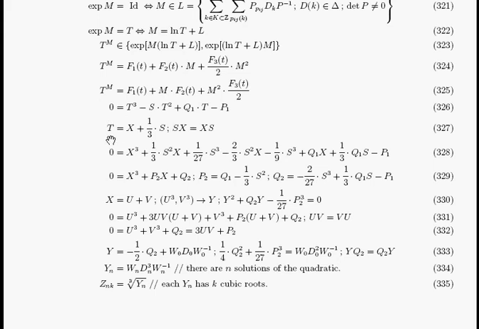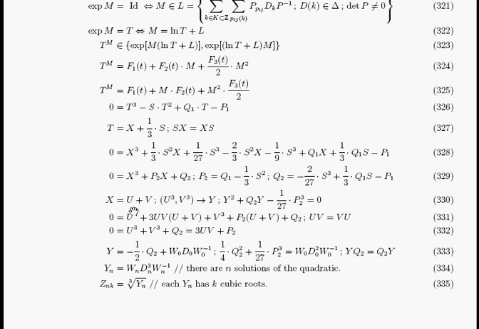We exchange T by X plus 1/3 of S to eliminate the minus S T2 factor. We get 0 is equal to X3 plus P2 X plus Q2, where P2 is a formula and Q2 is a formula. Now we're going to solve this simplified equation.